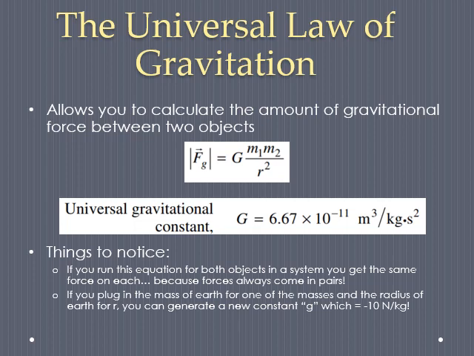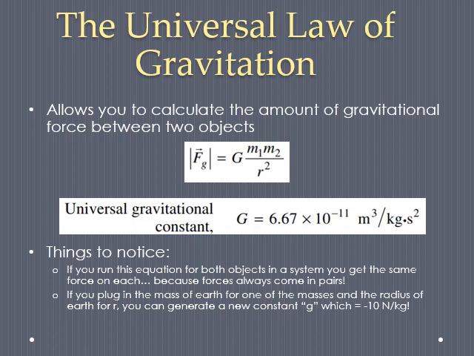One other cool thing to notice, which I'm not going to go into a ton of detail, but when we are interested in objects that are close to the surface of Earth, we assume that one of the objects is going to be the Earth itself. So M1, make that the Earth, and M2 will be our test object or the other object that we're interested in.